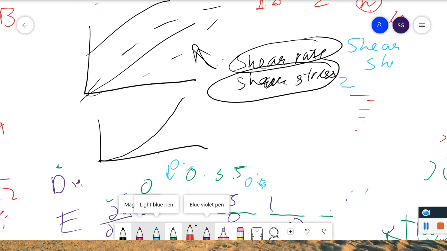This is one and this is another one. So you know that it is the increasing slope. If you calculate the slope, tan theta is constantly increasing here, and here the theta is constantly decreasing. If you draw a tangent, you will find that the theta is constantly decreasing. Decreasing means pseudoplastic.